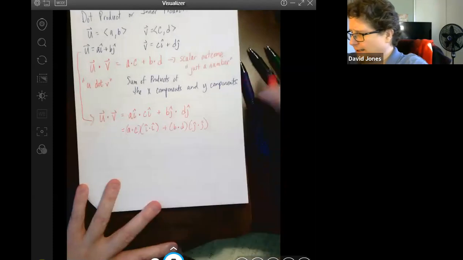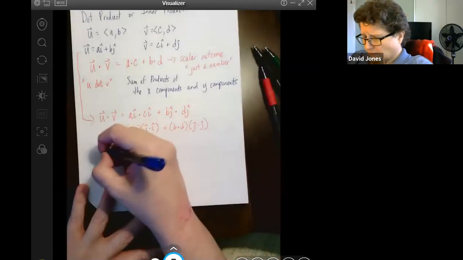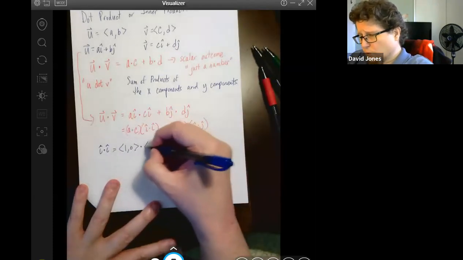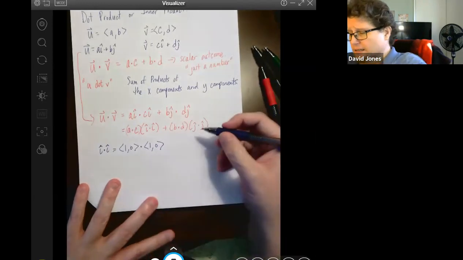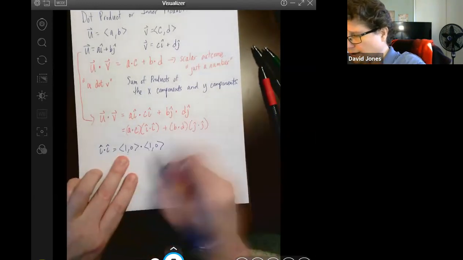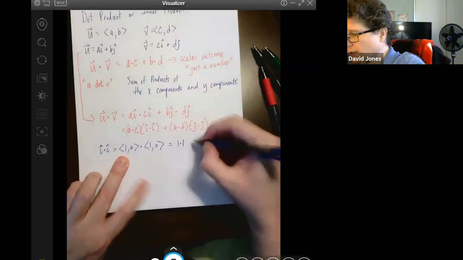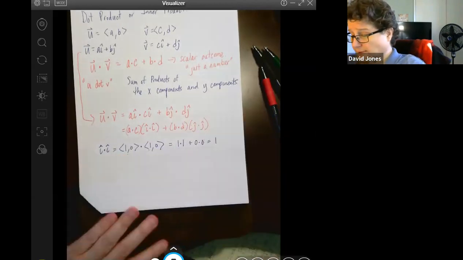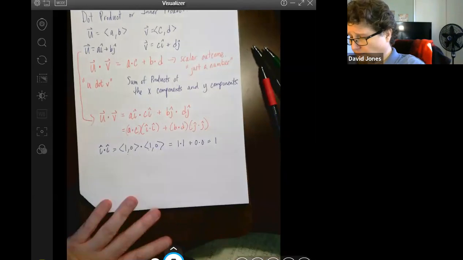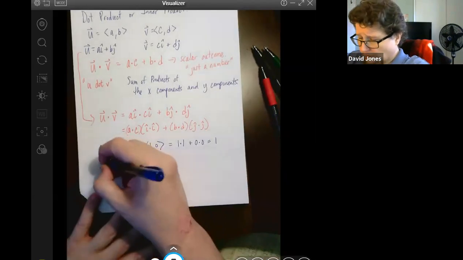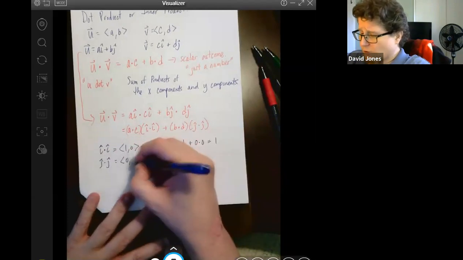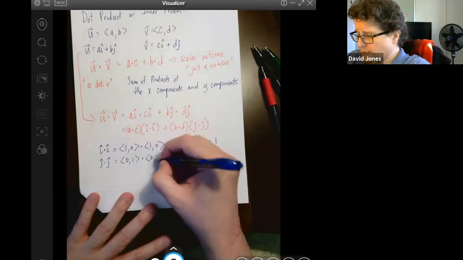What is I dot I? 1 0 dotted with 1 0 equals 1 times 1 plus 0 times 0, which is 1. j hat dot j hat, 0 1 dotted with 0 1.